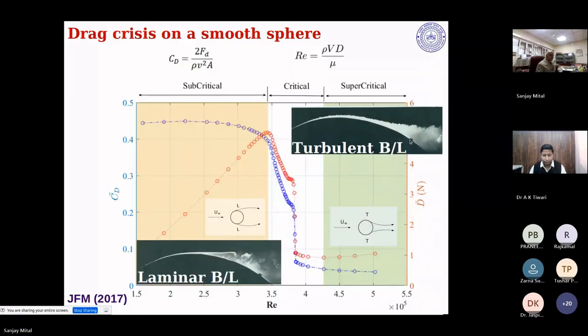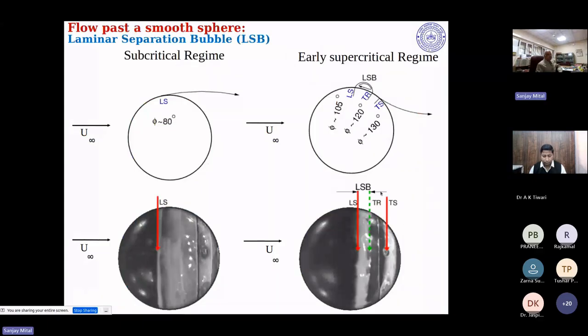Okay, so that's a smooth sphere, and you can actually look at it in flow visualization. So if you take a sphere of black color and put dye on it, so oil mixed with dye, and you start the flow in the wind tunnel, then all this oil will get pushed downstream, but the flow separates near the shoulder.